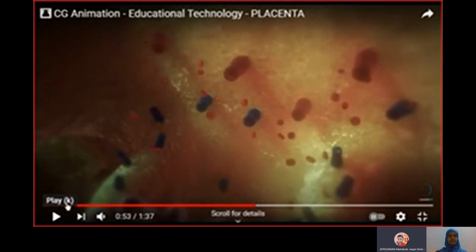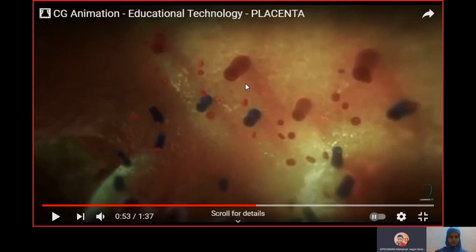In this you can clearly see the uterus lining, in which the arteries are releasing the blood which contains different types of food substances. This blood is released into the space between the chorionic villi and the uterus linings, and it is received by the chorionic villi blood vessels.